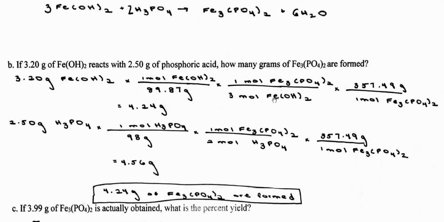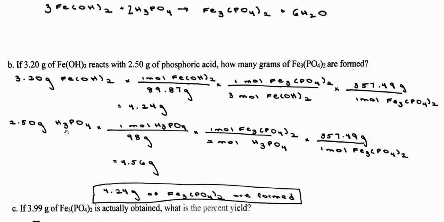Then I go from moles of iron hydroxide to moles of iron phosphate using the 1 and the 3. Those are your coefficients. So the 3 is there, the 1 is that coefficient. And then I need to do one more step to go from moles of iron phosphate into grams of iron phosphate. Now this number here and this number here, those are your molar masses of Fe(OH)2 and iron phosphate. And so I get 4.24 grams that are produced of your iron phosphate.